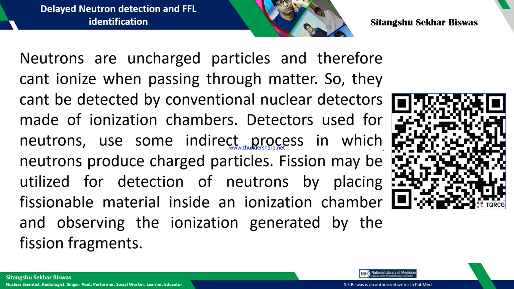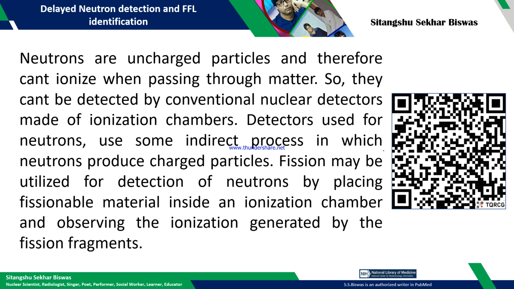So for neutron detection, some indirect process is to be adopted, which by absorbing the neutron will produce some charged particle, and that charged particle will be counted to quantify the delayed neutron. Normally, a fission chamber may be used.